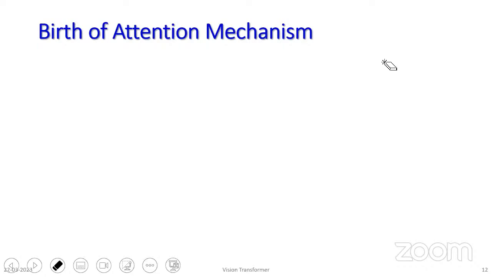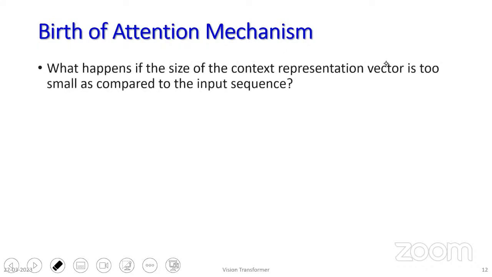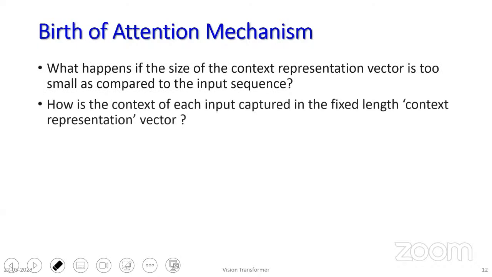For example, just as Deepti asked, what about multilingual inputs? There are many new challenges that were posed before language processing AI models. So then came the attention mechanism. How is the context of each input captured in a fixed length context representation vector?